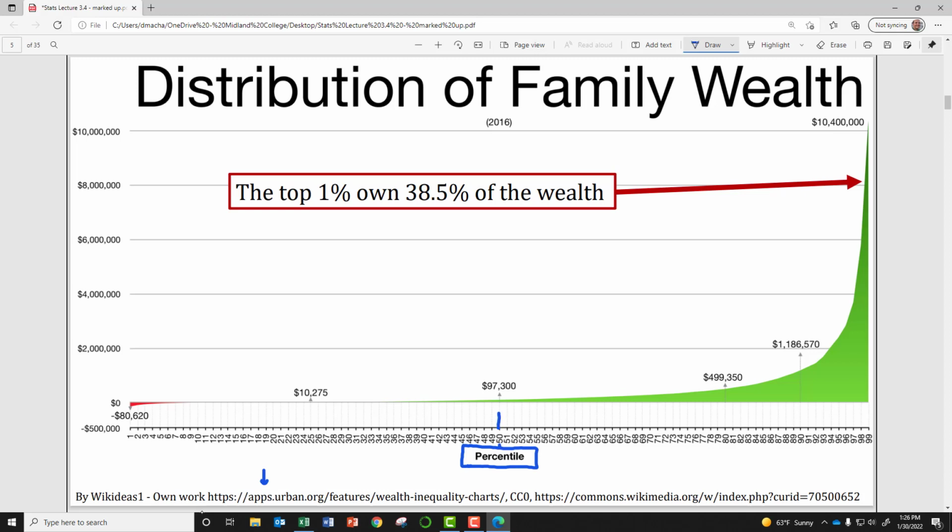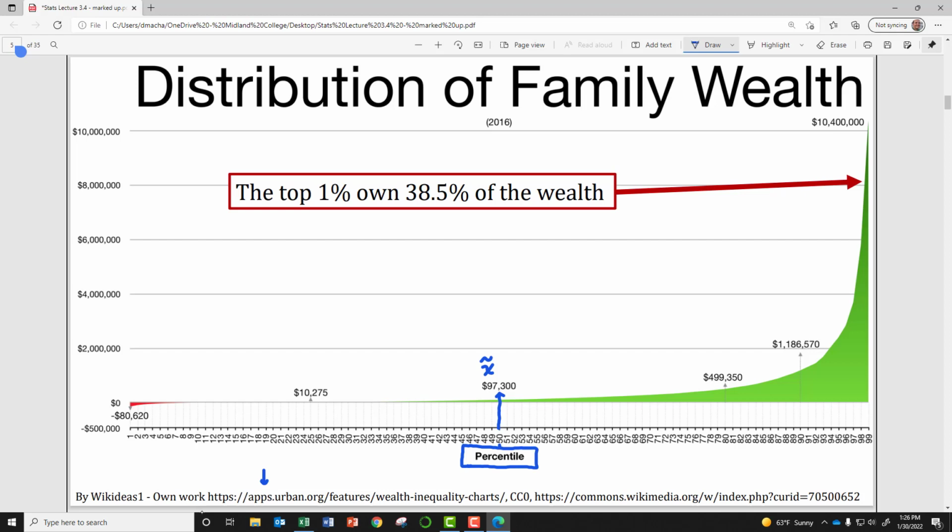So the median household wealth in the United States, we'll use x tilde to mean the median, is $97,000. And I think what they mean by wealth is, for a particular family household, add up the value of all of their assets. So their car, their house, their savings account, their retirement investing accounts.